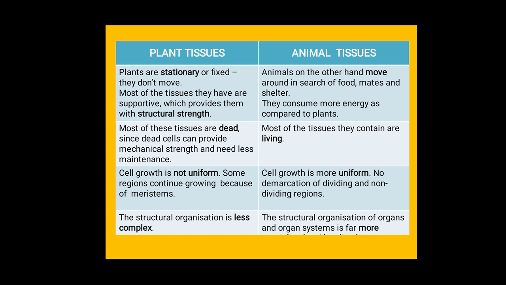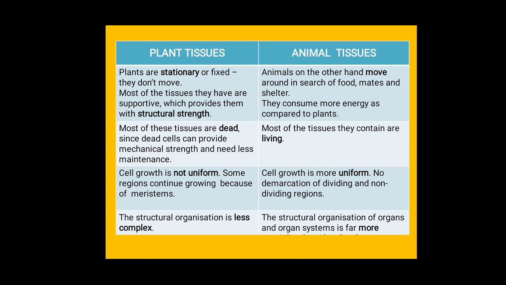So most of the tissues for plants will be only for support. And they need not be living cells, they could be dead cells also. So in many places we have seen they are dead cells, like sclerenchyma, like xylem sclerenchyma, like tracheids, vessels, sieve tube cells, they are all dead cells.